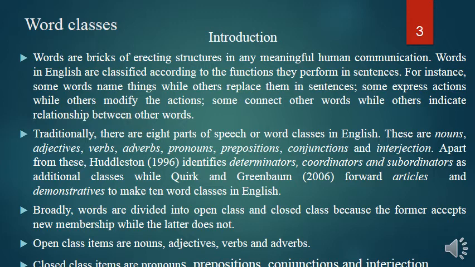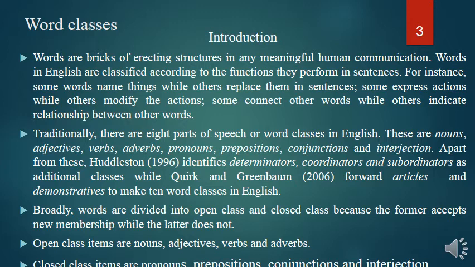Some words are naming words, that is noun. Some express action, that is verbs, while others modify the actions, that is adverbs, while some modify nouns, that is adjectives, and some connect other words, while others indicate relationship between other words.